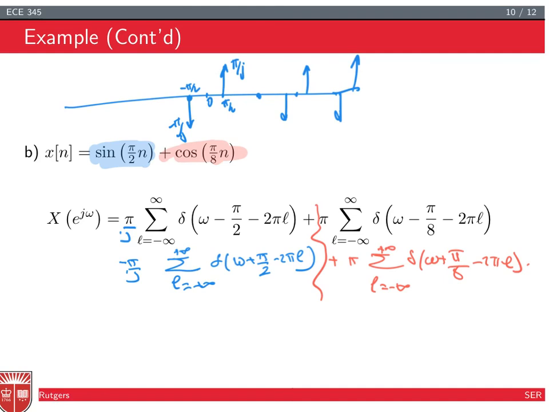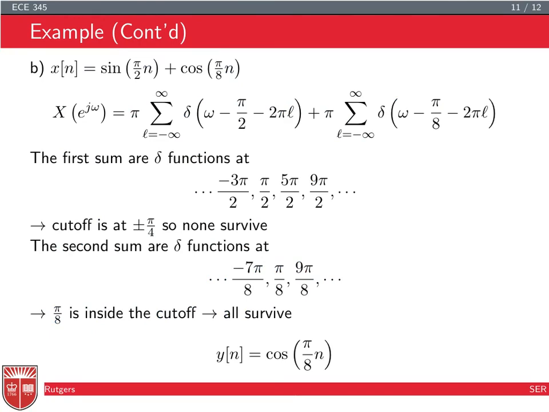So what is that telling me? This is telling me that the sine and cosine are going to create specific, distinct frequencies in the frequency domain. Again, this is to be fixed.